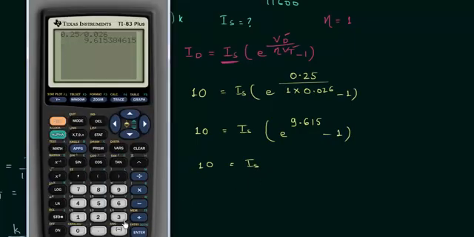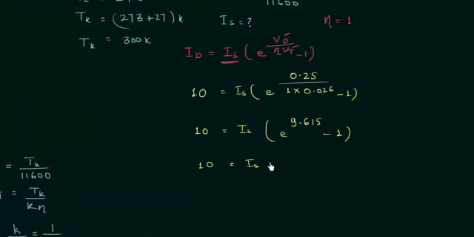I will use the calculator. E raised to power 9.615 will give us 14987.922. Then 14987.922 minus 1.